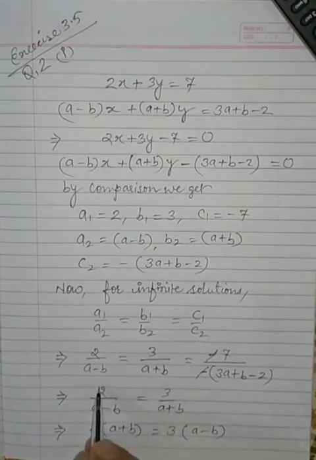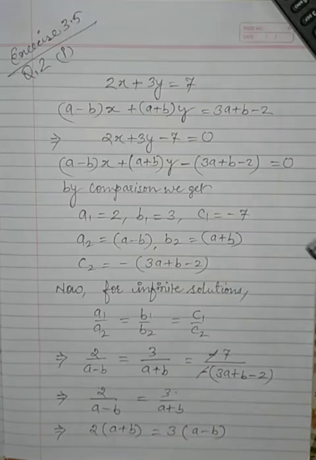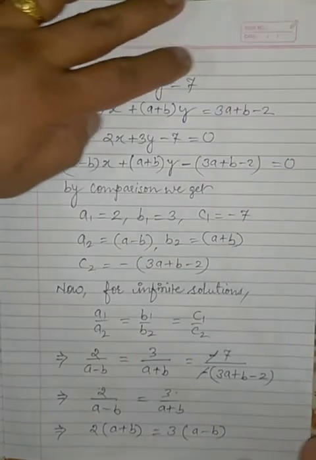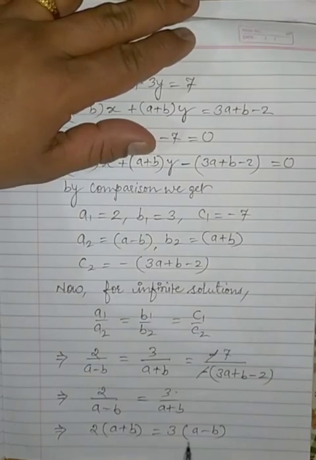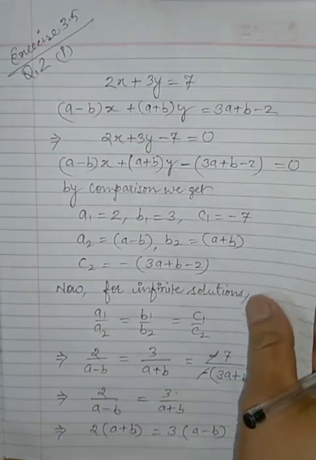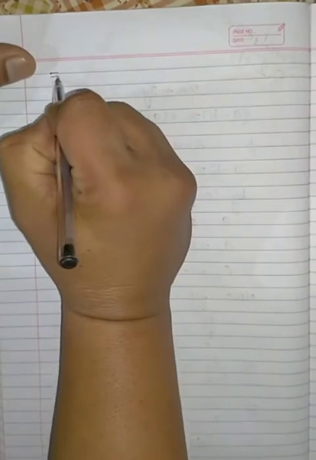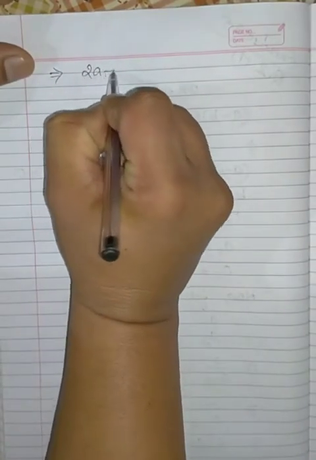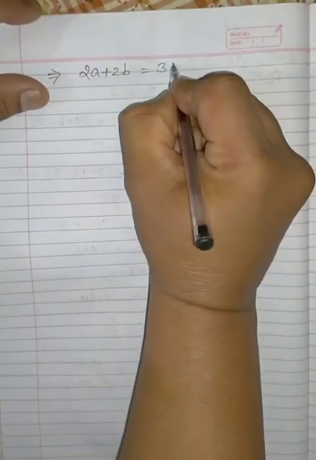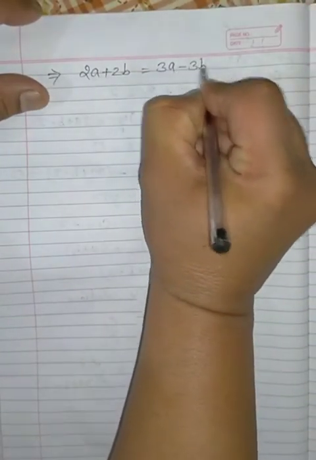This into this is equal to this into this. So multiplying 2 inside the bracket and 3 inside the bracket, we get 2a plus 2b is equal to 3a minus 3b.